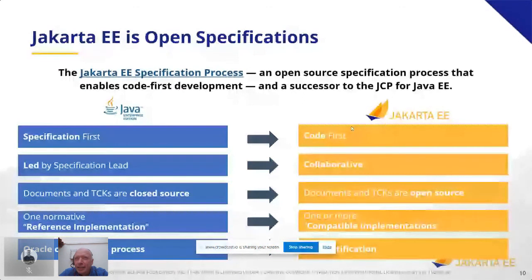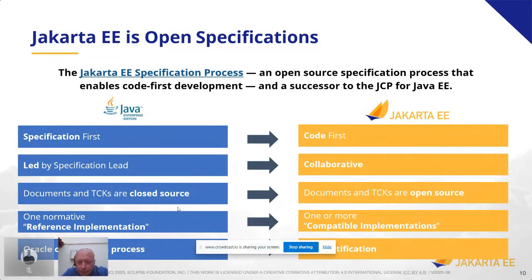And what that meant was that if there was ambiguity in the specification about what behavior was correct, then GlassFish was the normative implementation. You would check it in GlassFish, and whatever GlassFish did was correct. That's gone with Jakarta EE. So there's no special implementation in Jakarta EE. GlassFish is not special as it was in Java EE. It's one of more compatible implementations.